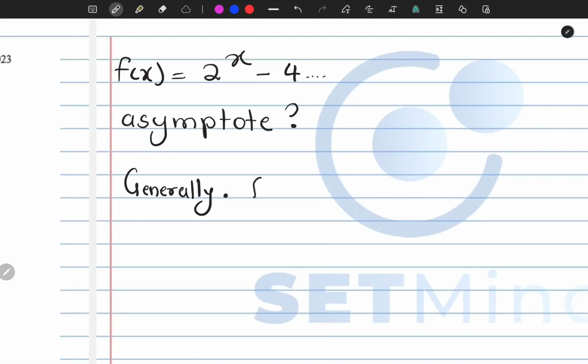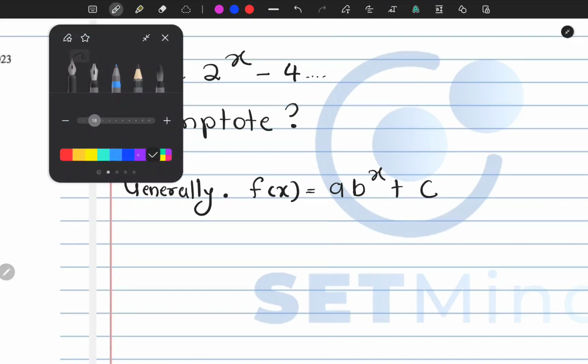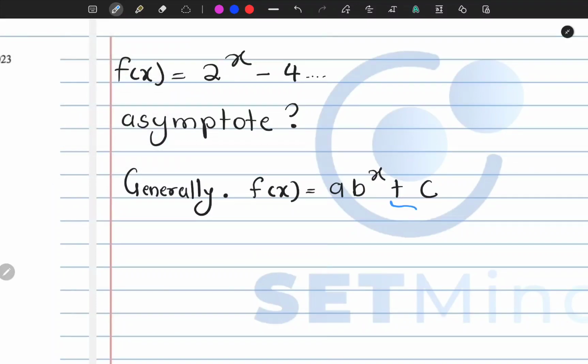Generally, for exponential functions, you'll have f of x equals some constant a, then b to the power of x plus c. So whatever comes here is your asymptote equation.